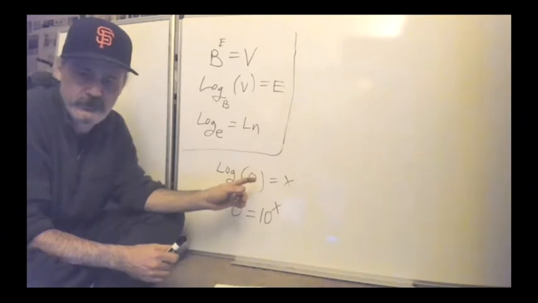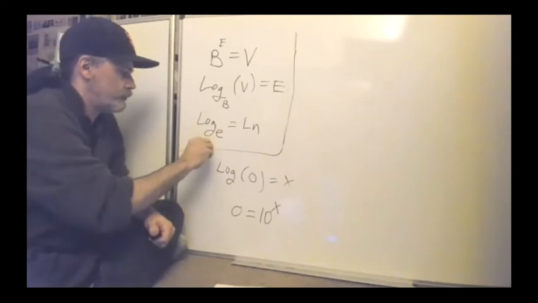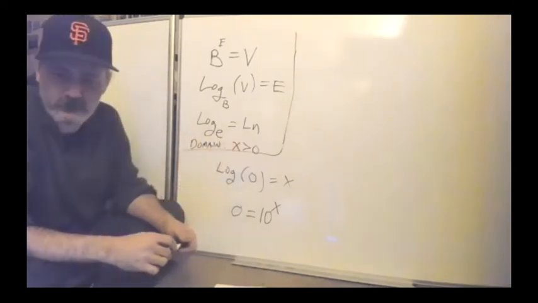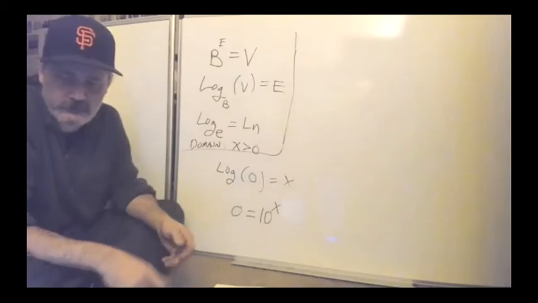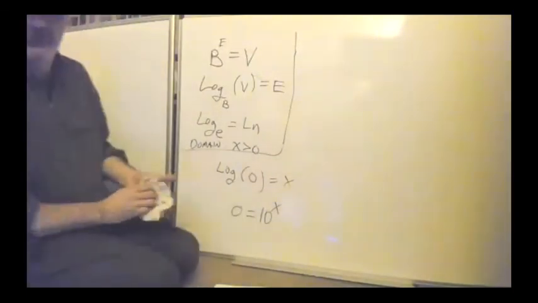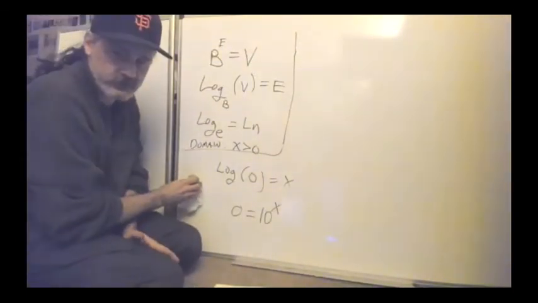So the domain of all logarithms is greater than 0. And that's about the simplest way to put it. But that's going to help us when we make the graphs, understanding that relationship.